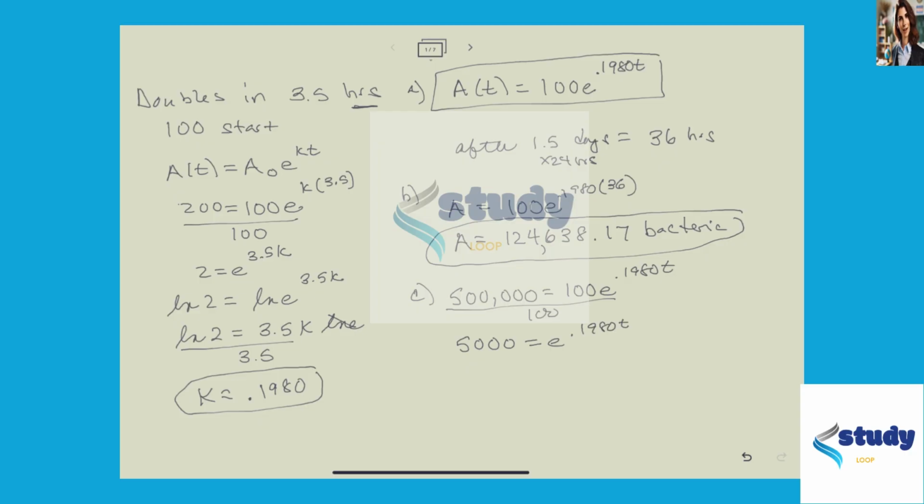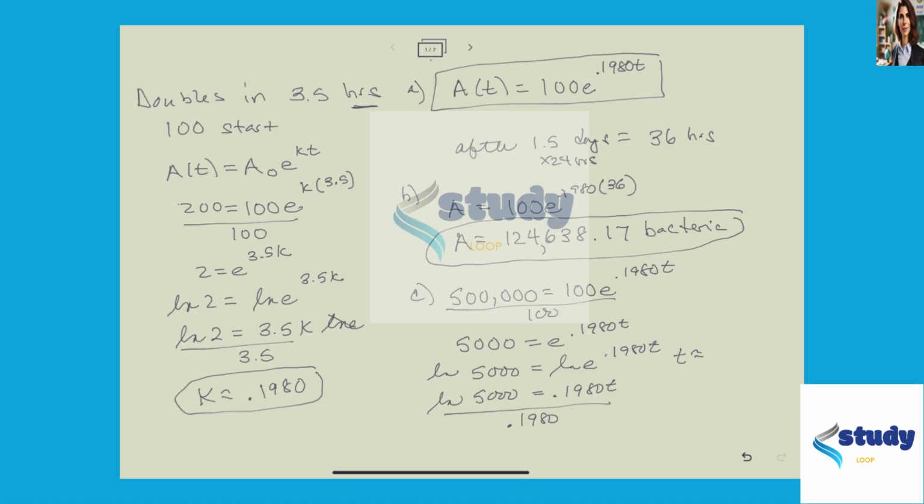Just like in the beginning when I had to find k, I'm going to bring natural logs in. Doing that again so that I get to bring that exponent down in front. ln of e is just 1. Don't even need to write it. Divide both sides by 0.1980.